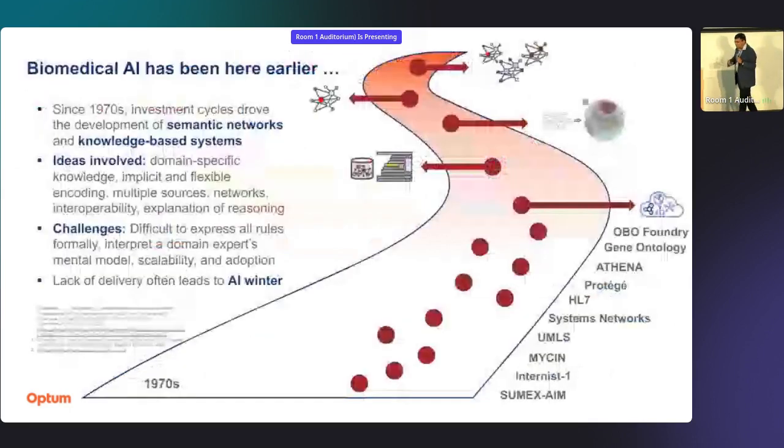While everyone in this room is familiar with that history, there is a lot of history in biomedicine itself for knowledge representation. So Deborah mentioned today, there were a lot of investment cycles that led to the development of semantic networks and knowledge-based systems and AI winters and cycles of that. Some of the ideas from back in the 1970s are similar to the ideas being proposed right now in terms of knowledge graphs.